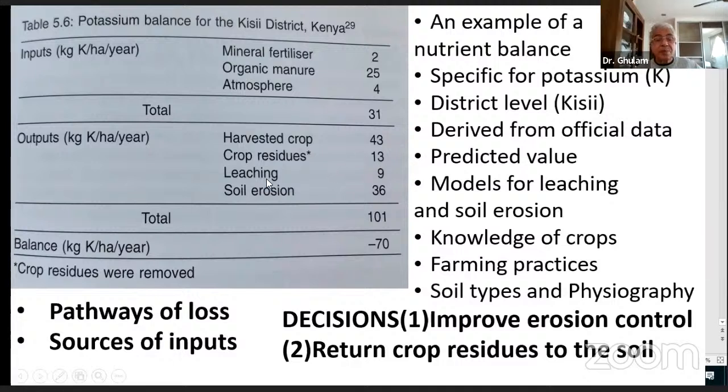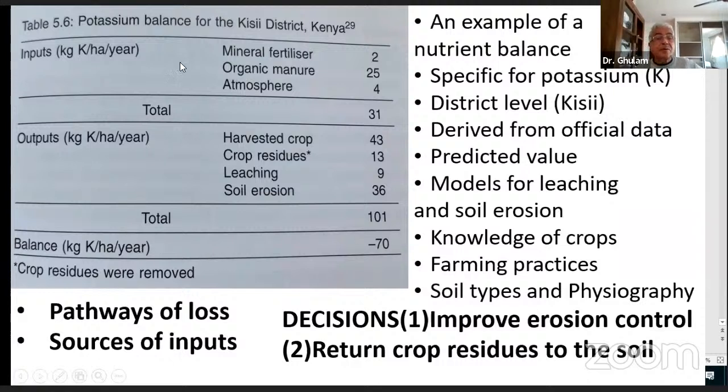And leaching, probably through prediction or measurement, I don't know, 9 kilograms potassium. And soil erosion, very high, 36 kilograms of potassium per hectare per year. And the total is 101. As you can see, the outputs or the losses is 101 kilograms, whereas the inputs or the gains is only 31. So there is a balance of minus 70.